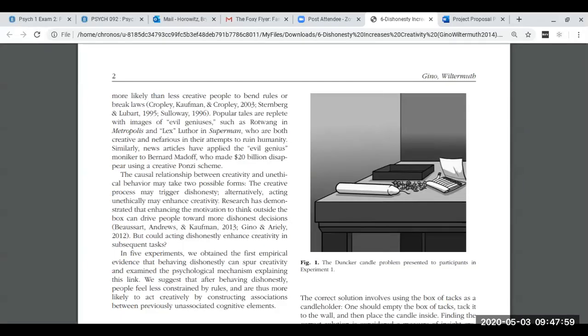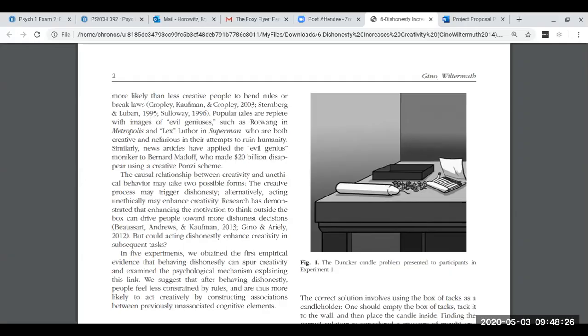toward more dishonest decisions. But could acting dishonestly enhance creativity in subsequent tasks? Here's where we go to, right? So in the introduction, we started with a very broad general statement. What is dishonesty? These people don't follow the rules to a T. And now we go into what we don't know.